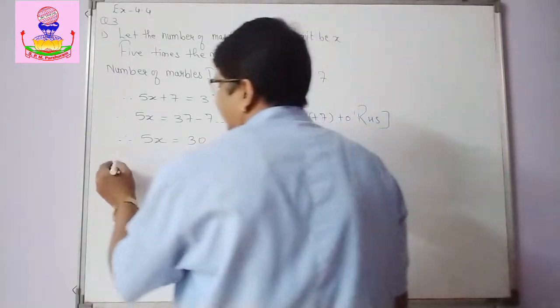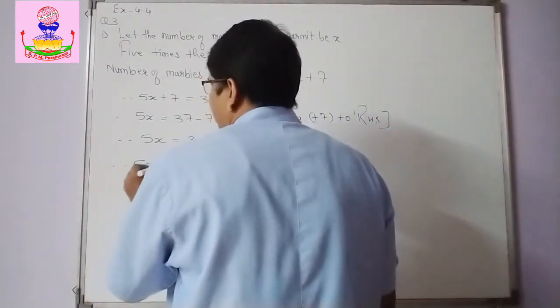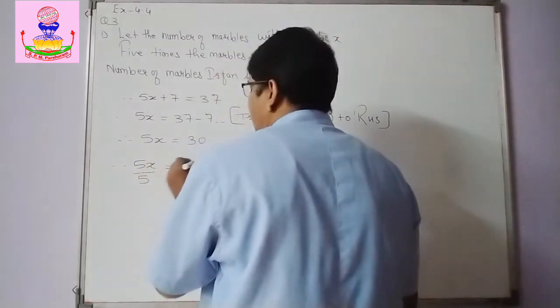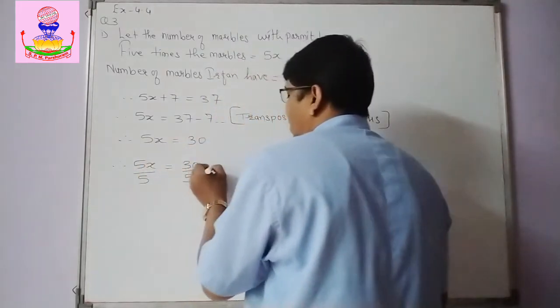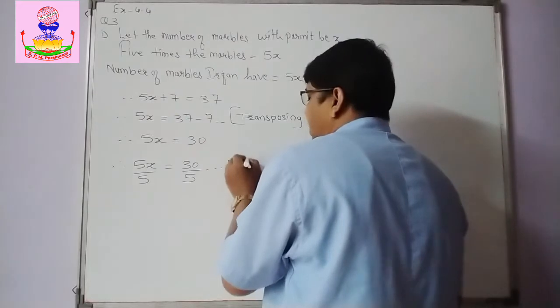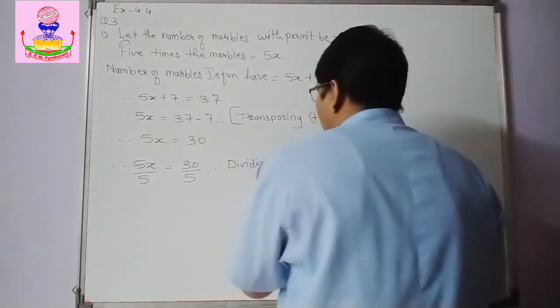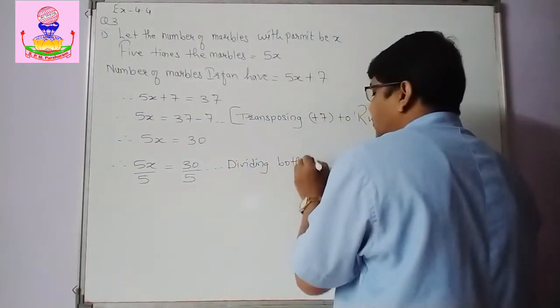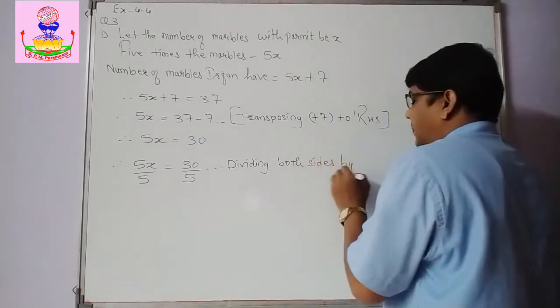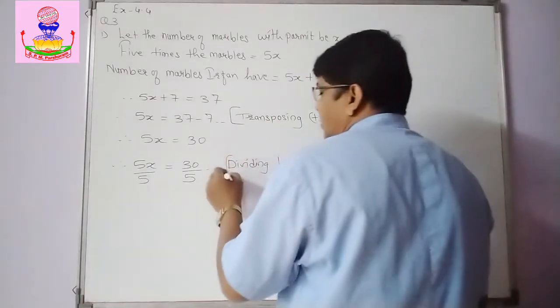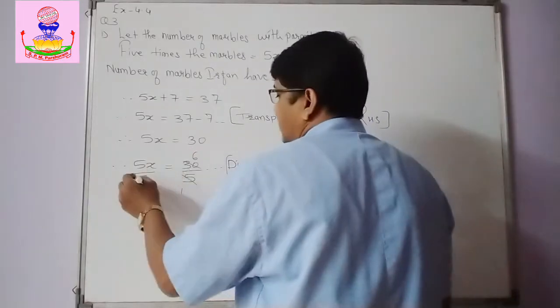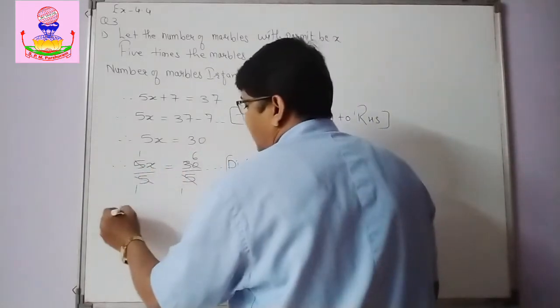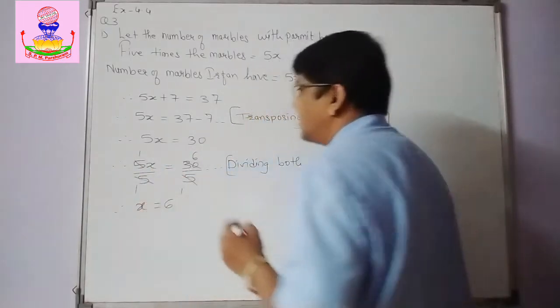Opposite of multiplication is division. So 5x upon 5 is equal to 30 upon 5. What did you do? Dividing both sides by 5. Right? So 5 on the 5, 5 sixes are 30. 5 on the 5. So x is equal to 6.